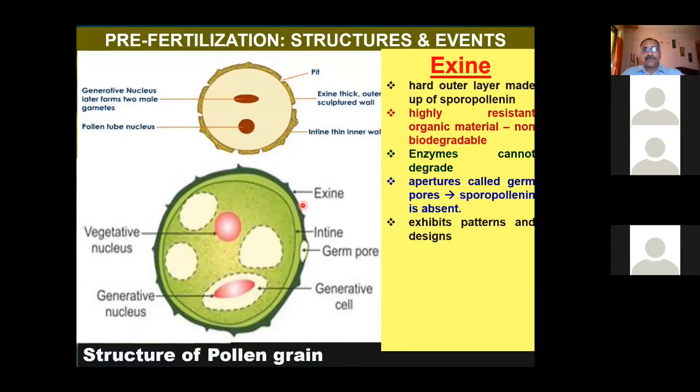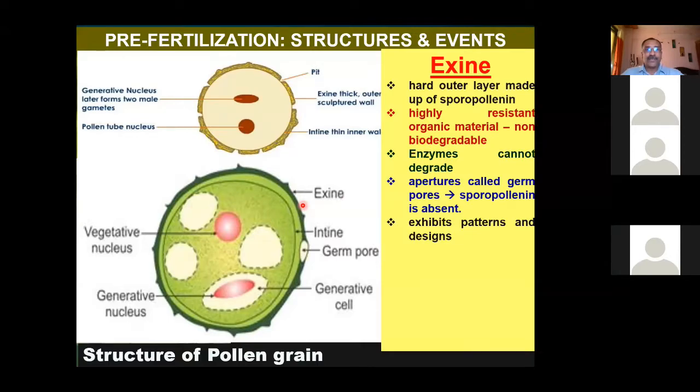No enzymes can act on it, no chemical substances can act on it, and even biologically we can see that it is totally non-biodegradable because it is a highly resistant substance. This exine is made up of highly resistant organic material, so it is non-biodegradable.